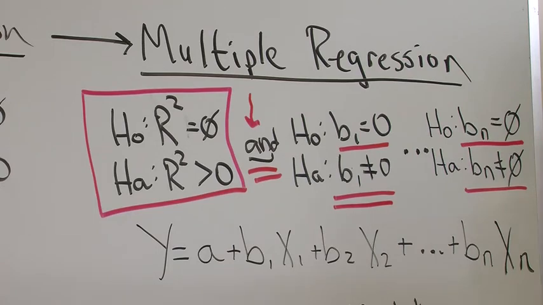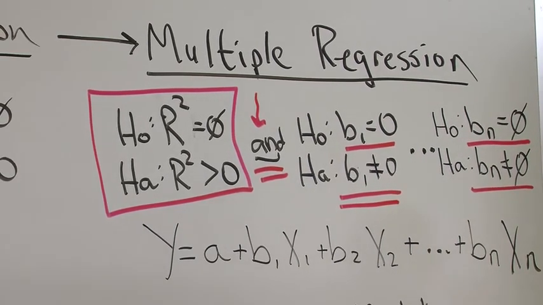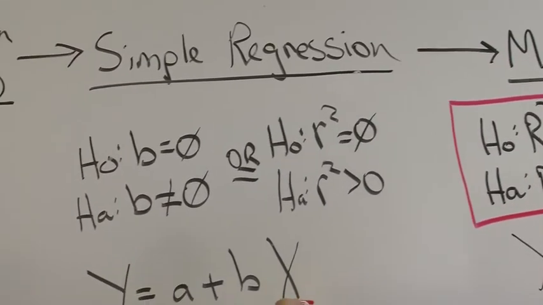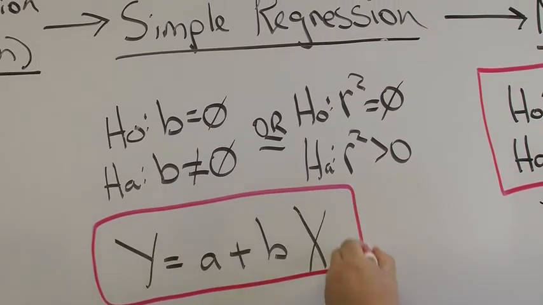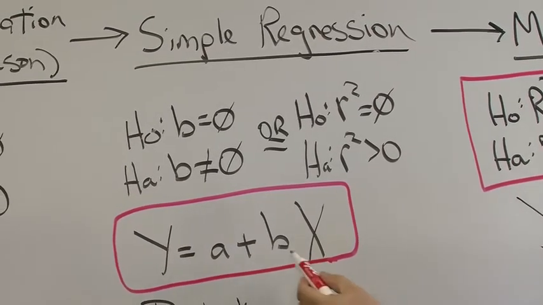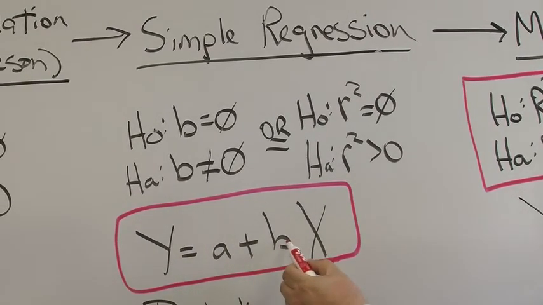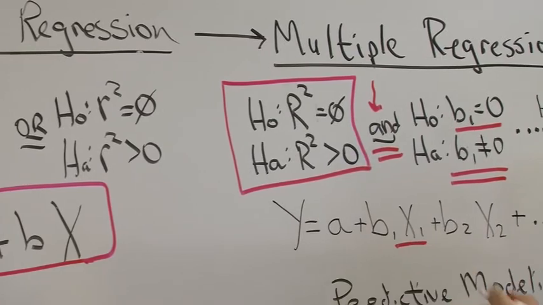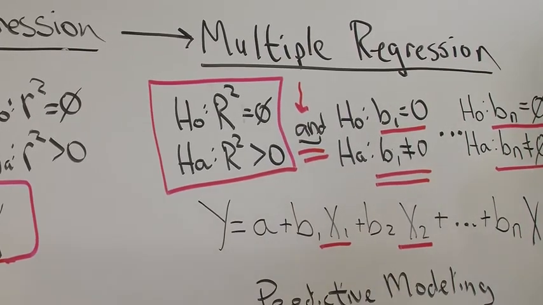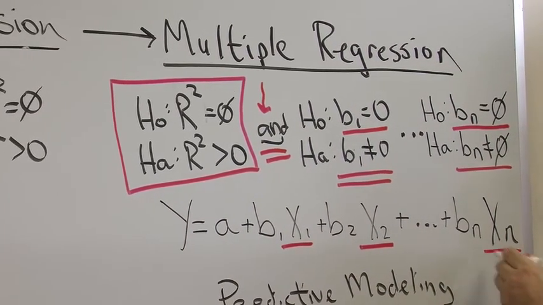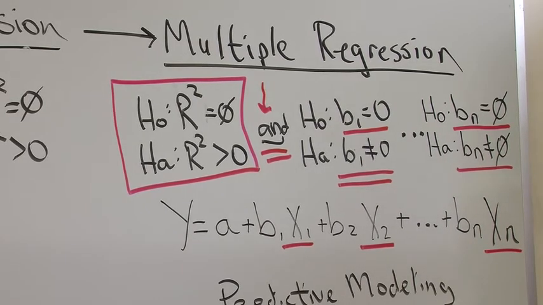Now, again, I want to go back over to the simple regression model momentarily. Let me remind you that this is the basic model for simple regression. Notice here, I just say y equals a plus b times x. I don't use any subscript notation here because there's only one independent variable. Now, when we segue to the multiple regression model, look what happens: we have one independent variable, two independent variables, and it can go on out until we have what we call n independent variables.